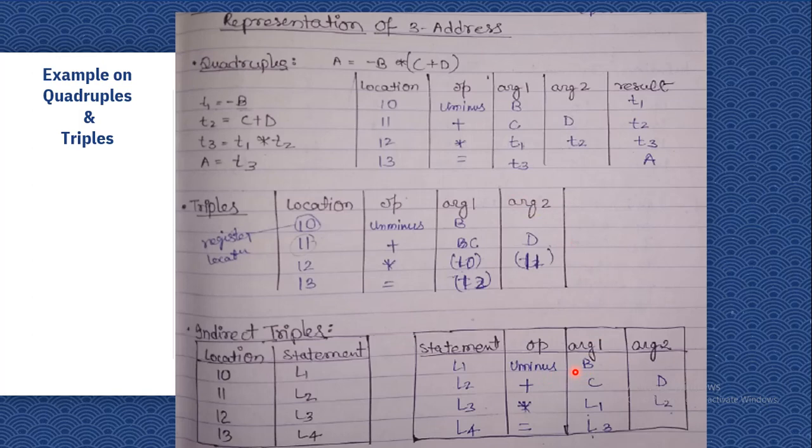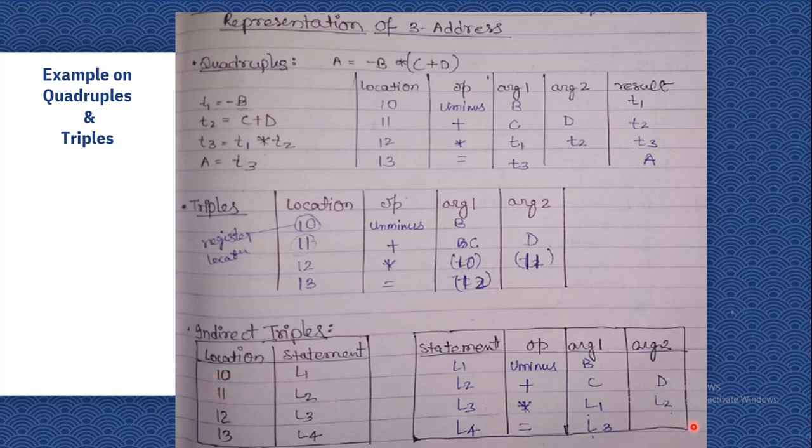So unary minus b is stored in the location of L1, while L1 is the memory location 10. So L1 is a reference variable of the memory location 10. The addition of c plus d is stored on L2, while L2 is the reference variable of the memory location 11.